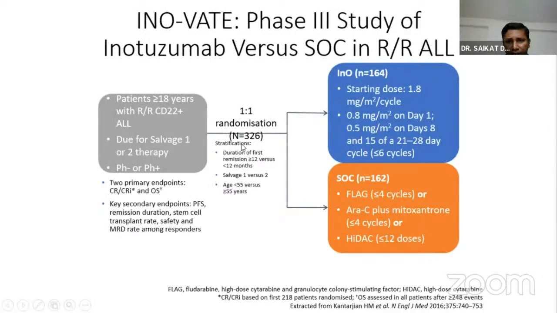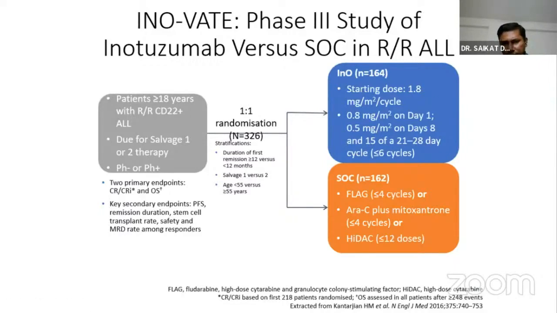The INO-VATE trial is a phase 3 trial which compared inotuzumab with standard of care. As compared to blinatumomab, which is a continuous infusion, inotuzumab is a 1-hour infusion given on day 1, day 8, and day 15. The dose on day 1 is 0.8 milligram per meter square, and on day 8 and day 15 it is 0.5 milligram per meter square.